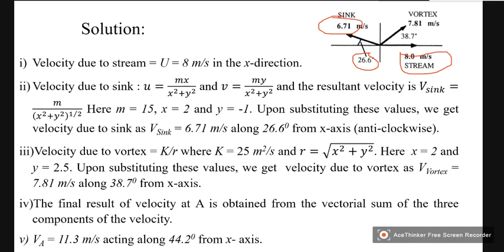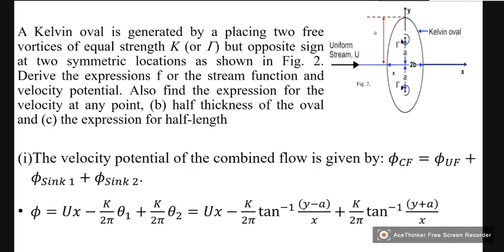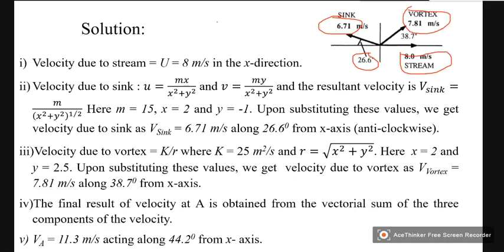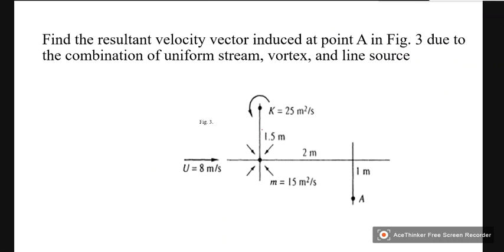Then we have got this one, and this one. Now the third one is vortex. So how to get the velocity due to vortex? Let us go back to this figure. In this figure, your vortex is here and your desired point is here.